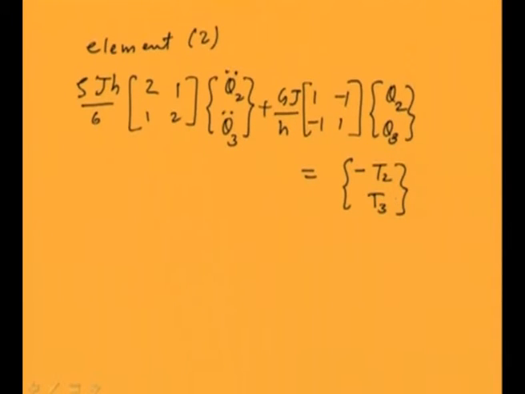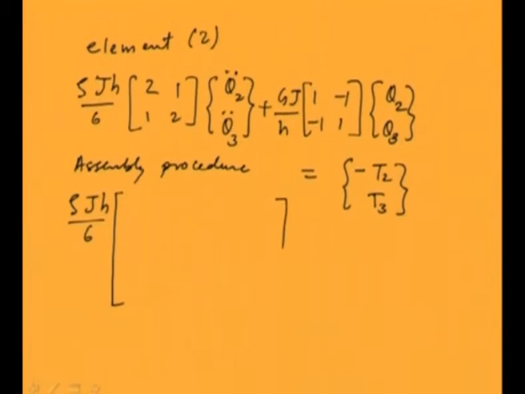Now we can combine element 1 and element 2. I am showing the procedure for this assembly. First I am entering the mass matrix for both the elements.